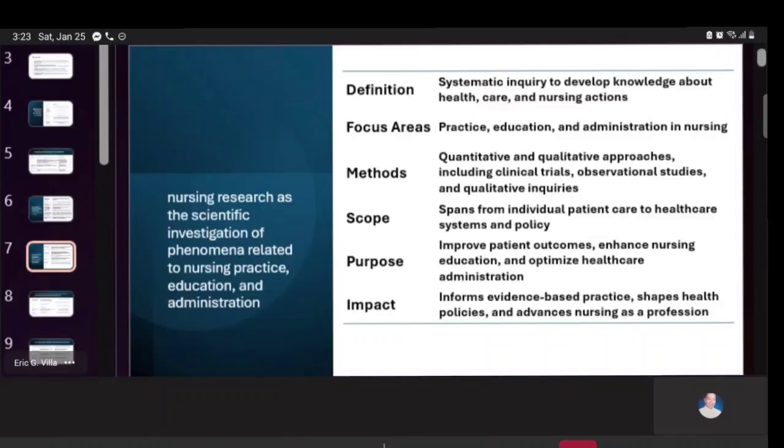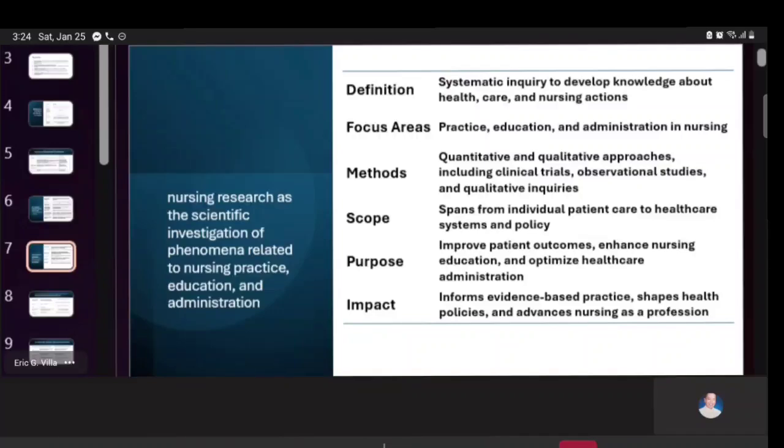Nursing research is a critical component of our profession, serving as the scientific foundation for evidence-based practice, as I always mention. It is defined as systematic inquiry, investigation of phenomena related to nursing practice, education, and administration.